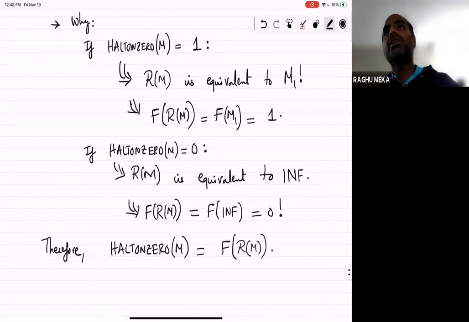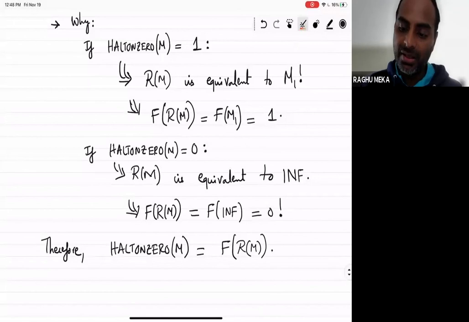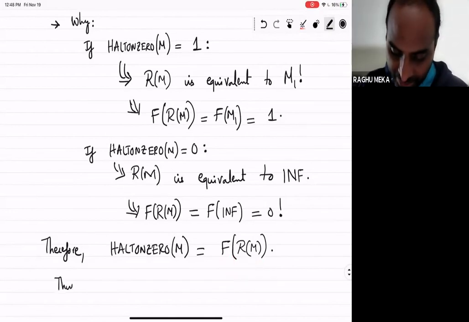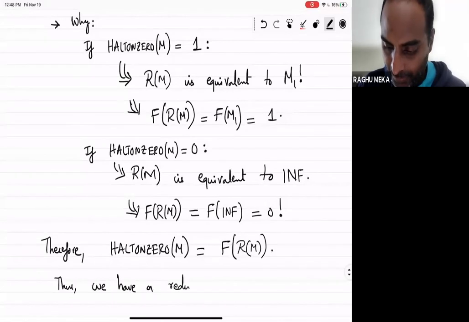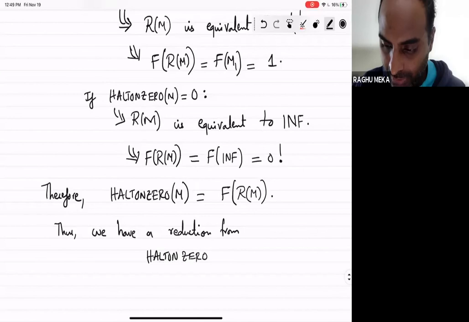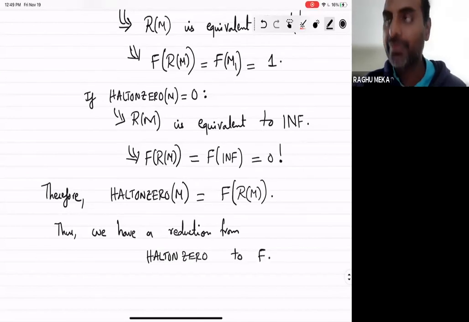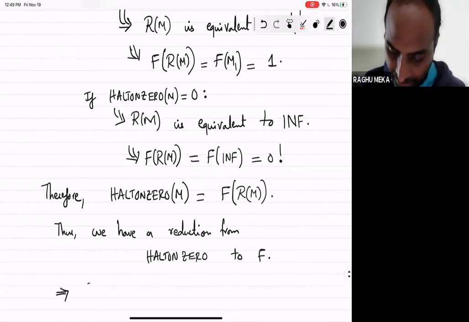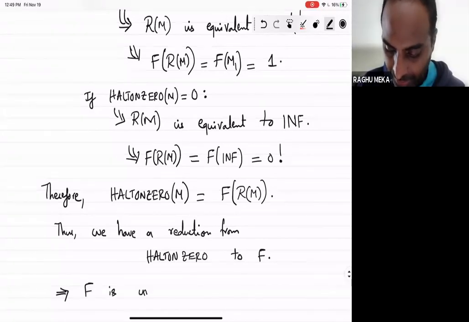There is a way to translate an input for m to an input for f so that you have the equality. Okay, so thus we have a reduction from halt on 0 to f, which implies f is uncomputable.